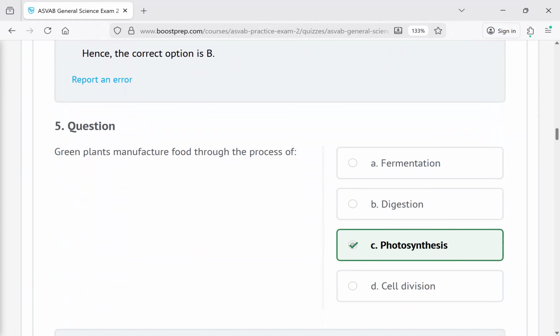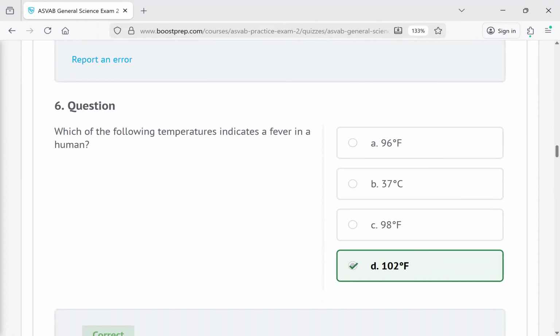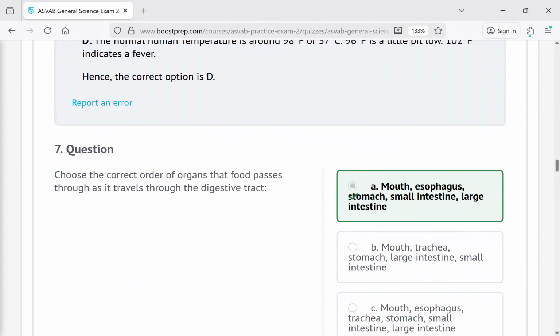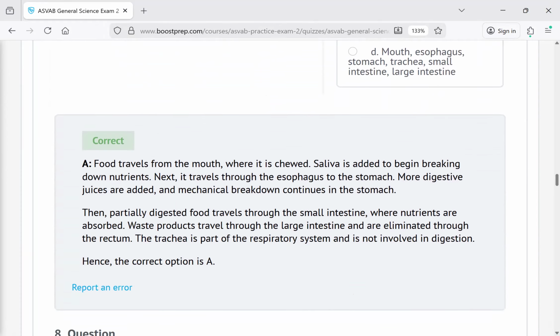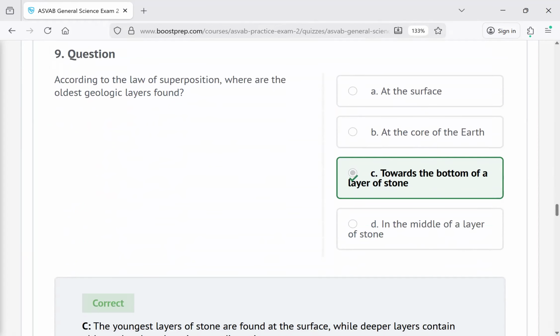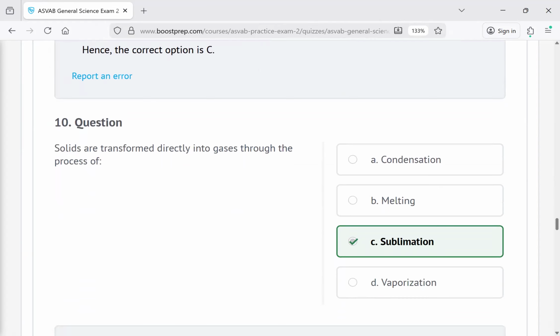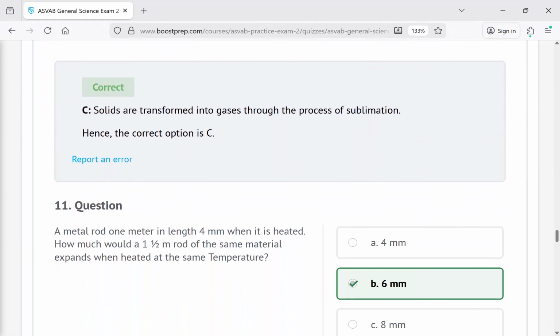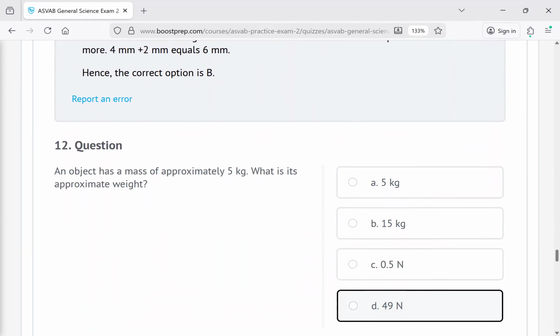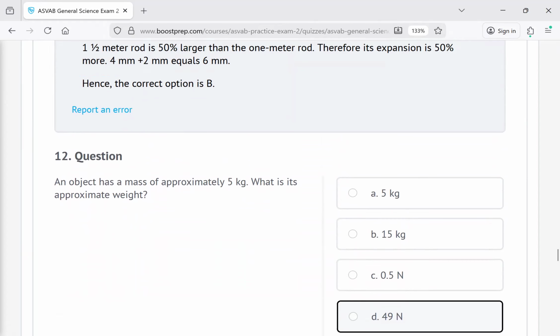Question five, six, seven, eight, nine, 10. Okay, let's continue on with question 12.